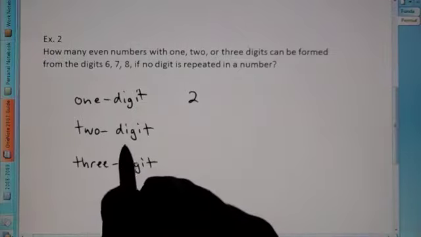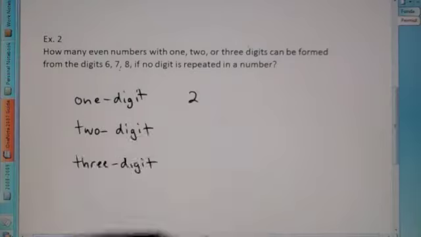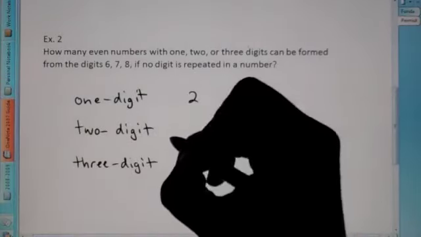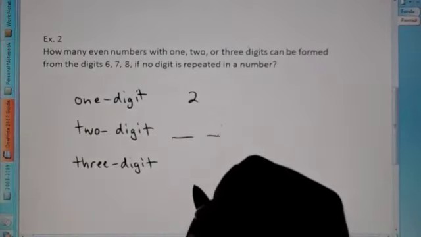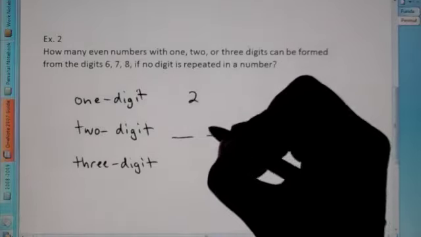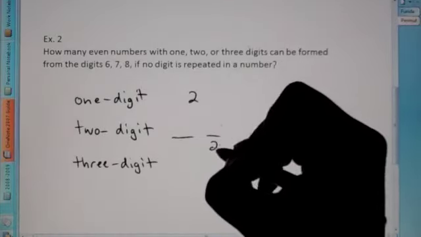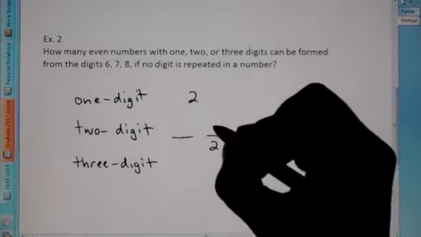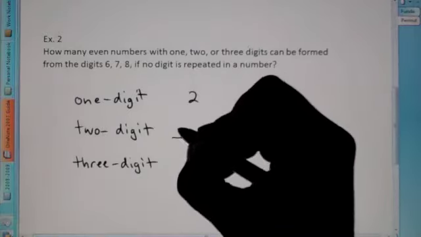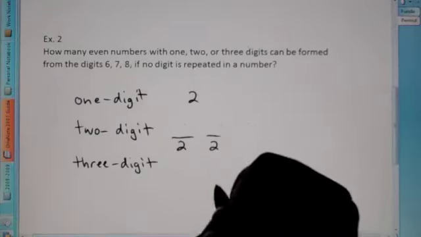Now it says a 2-digit number. We have 2 spots. For it to be even, this side has to be a 6 or an 8, so there's 2 options. If you put a 6 here, that leaves a 7 and an 8 for the first spot, so there's 2 options for our first number.